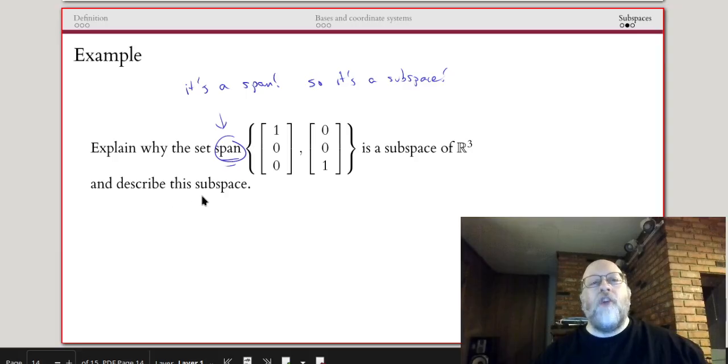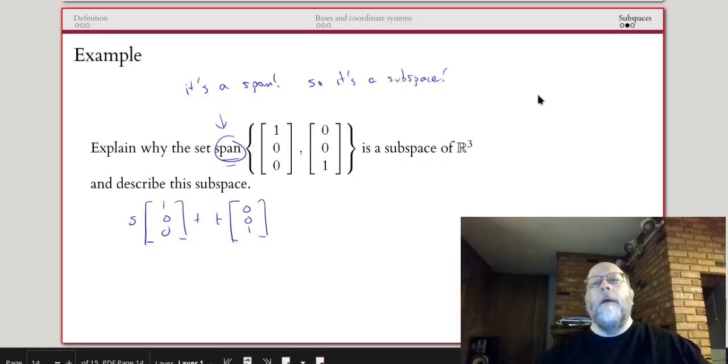If we tried to describe this subspace, let's talk about it. Span is the set of all linear combinations, so it's all combinations of these two vectors. (1, 0, 0) is a vector in the x direction, and (0, 0, 1) is a vector in the z direction.